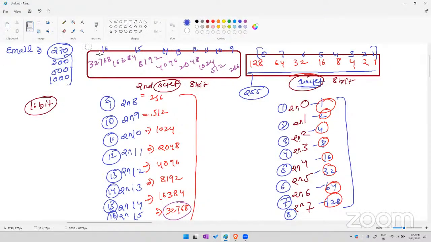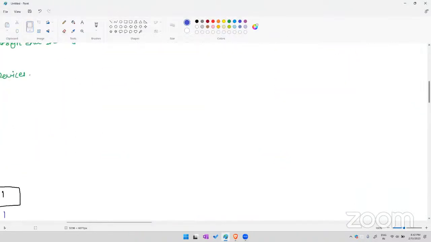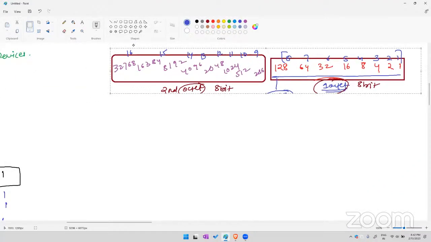So actually in 2 octets we are getting 16 bits, but in 16 bits, how many total addresses are we getting in 2 octets? So verify now, a very simple step we follow again. So this one is your 2 octets. If you add all 8 bits in 1 octet, we are getting a total address of 255.